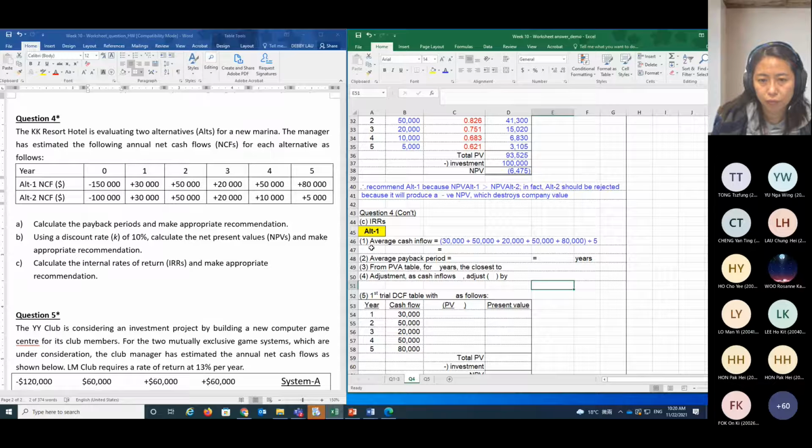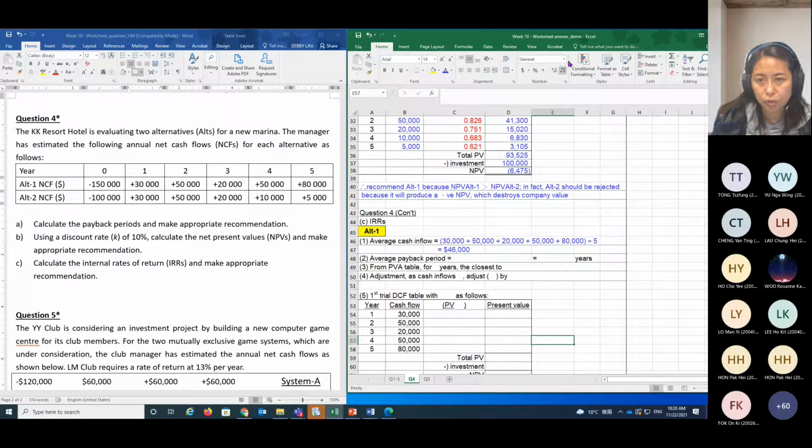So this is 30,000 plus 50,000 plus 20,000 plus 50,000, and lastly 80,000. Divide by 5, and the amount should be 46,000. Okay, 46,000. So this is step 1.